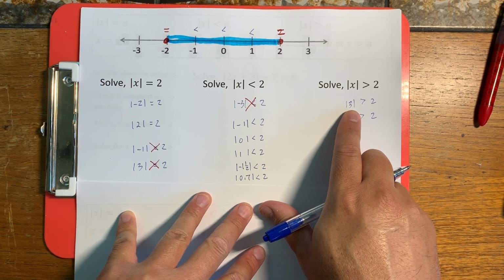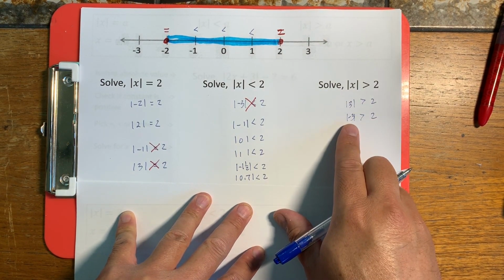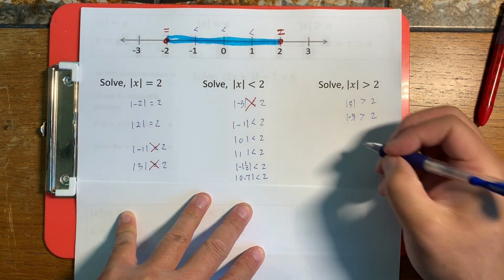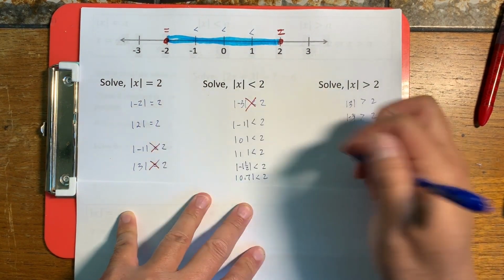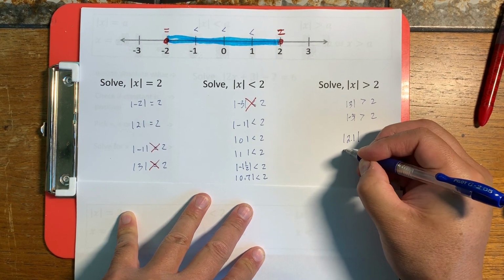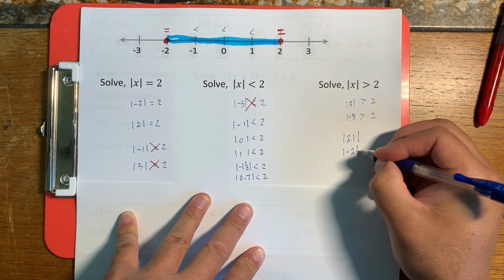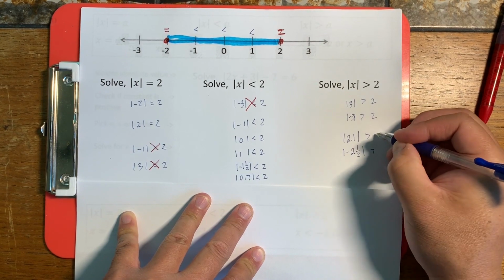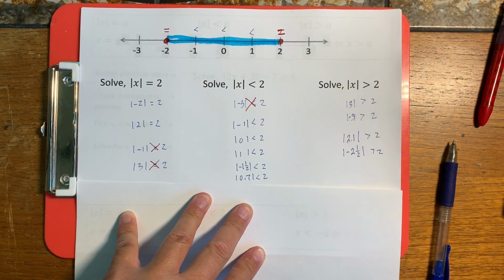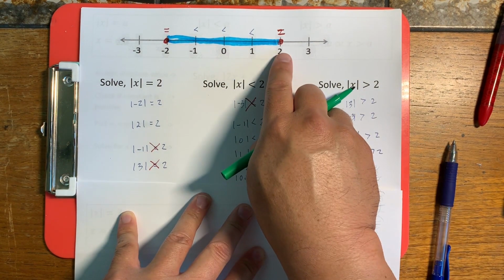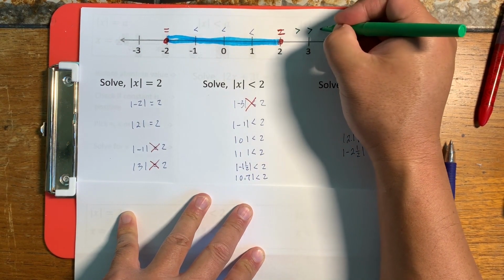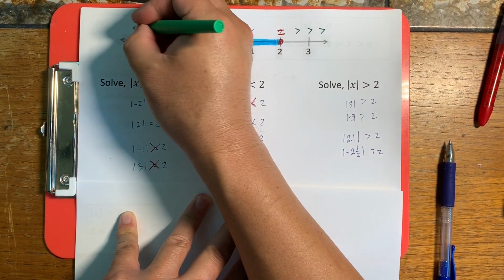The absolute value of 3 is 3, and 3 is greater than 2. The absolute value of -3 is 3, and that's greater than 2. And we can see that that's also true for decimals that are bigger than 2. So for example, if we did 2.1, or we did a fraction, -2 and 1/2, all of these would fulfill this greater than statement. So everything that is bigger than 2 or smaller than negative 2 satisfies the greater than statement.